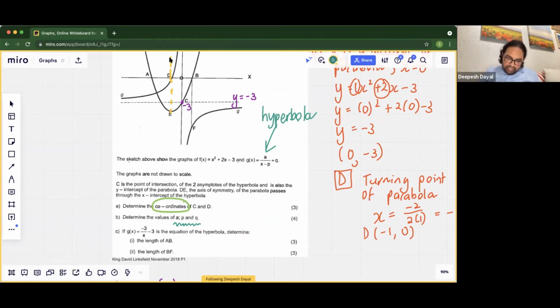So what is AB exactly? AB is here. It is between the two x-intercepts of the hyperbola, from A to B. Let's highlight it for you.